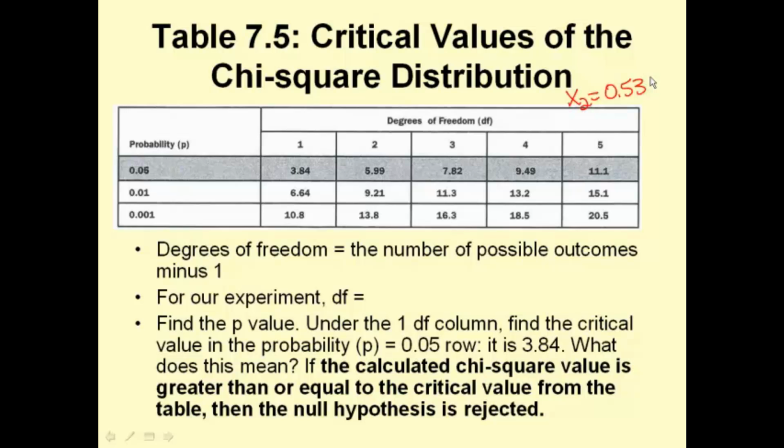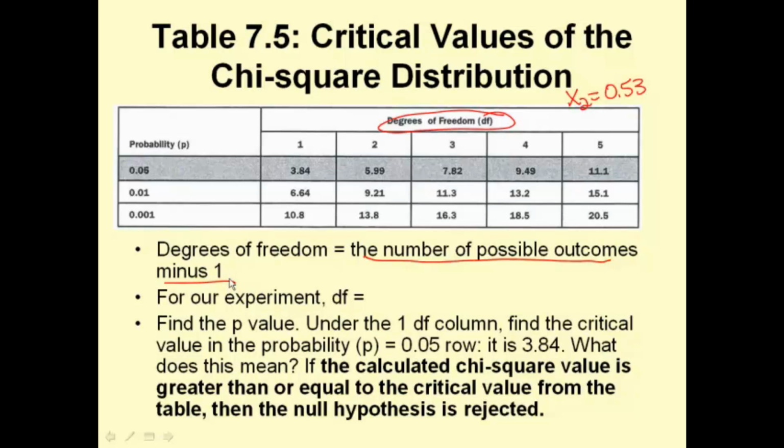So in order to use this table, now you have to figure out the degrees of freedom. And all this is we are taking into account the number of possible outcomes in our experiment, and then we subtract 1 from that number, and that gives us our degrees of freedom.